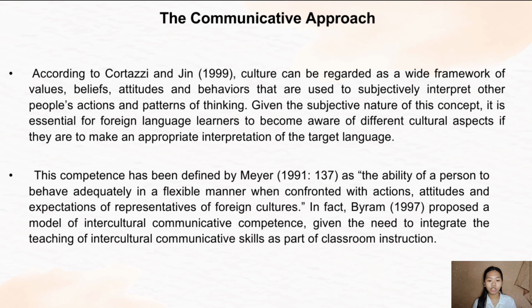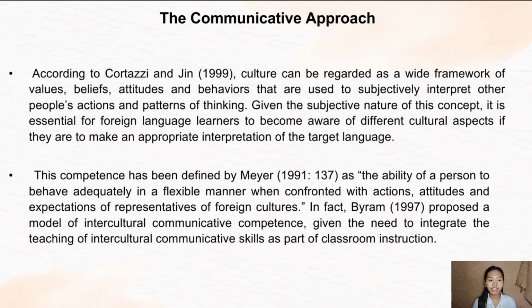For this reason, in order to foster second language learners' knowledge of the skills required to be successful in intercultural communication, the development of intercultural communicative competence should be included within a communicative approach for second language teaching.